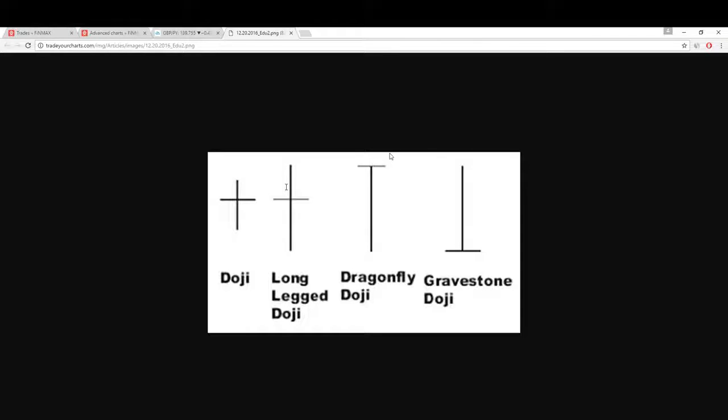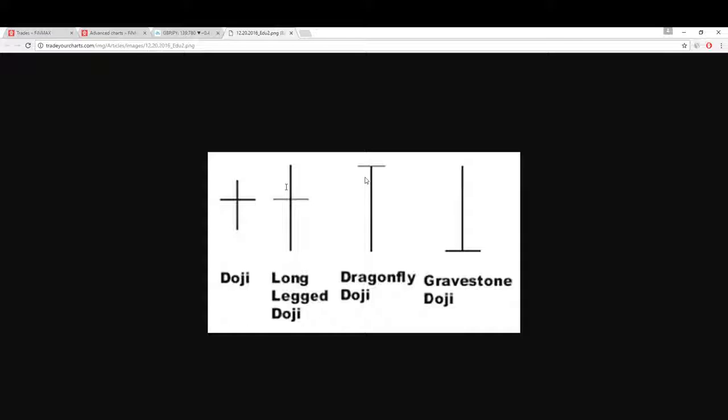The dragonfly appears when the price of the market opens and closes at the same or almost the same price. Well, it's pretty rare when the opening and closing prices are the same. Sometimes they differ, but a bit.